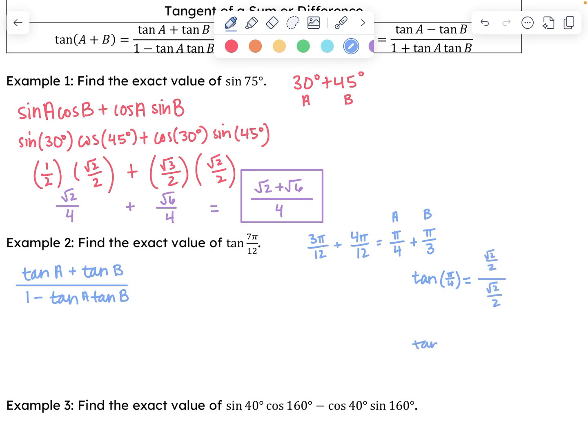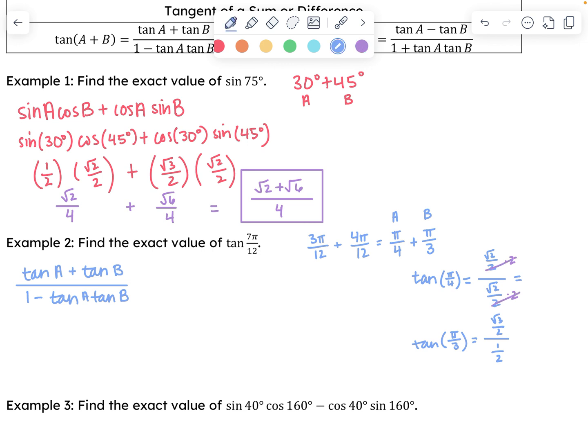And if I'm looking at tangent of pi over 3, well, the sine over cosine, the y over the x, the y value is root 3 over 2 over 1/2, the x value. When I simplify these, I can multiply top and bottom by 2 to cancel out those denominators.